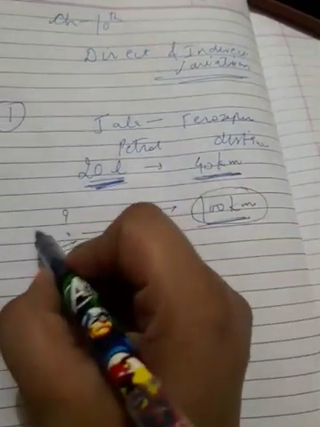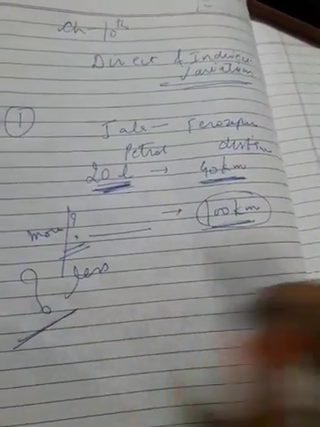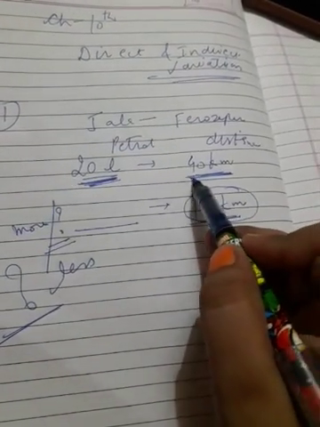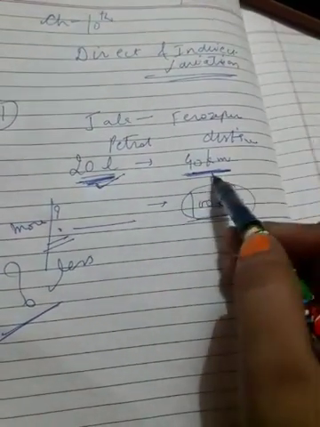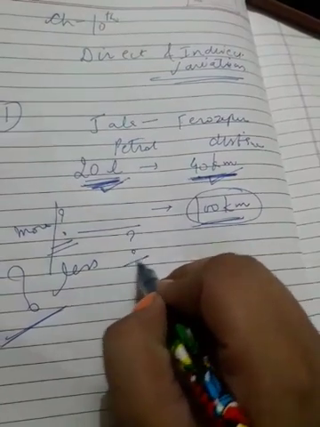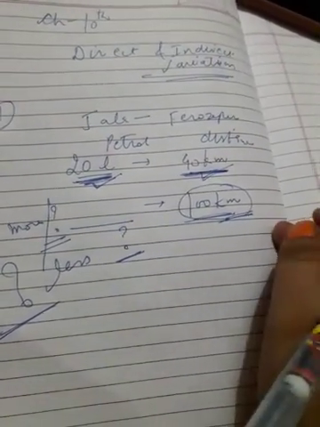Petrol, will it be more or less? If 20 liters of petrol covers 40 kilometers, what will be the petrol quantity if the distance covered is 100 kilometers?